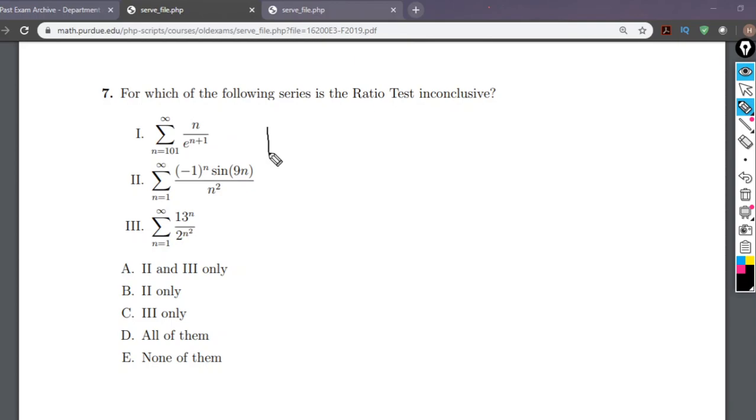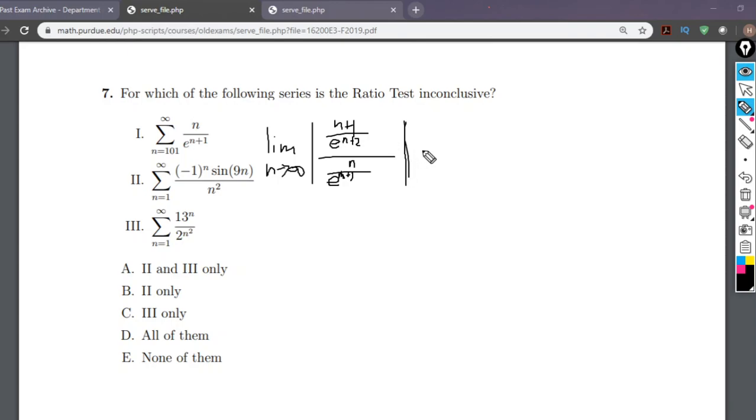So just plug in the values, taking the limit here. We're taking the absolute value of the n plus 1 term on top. It'll be n plus 1 over e to the n plus 1, which is n plus 2 over e to the n plus 1, over the original n over e to the n term.